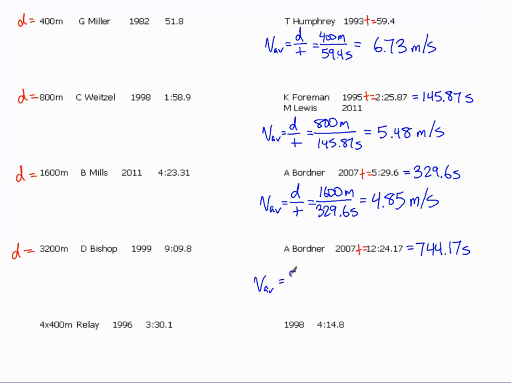Formula, average velocity is distance over time. Distance is 3,200 meters. Time of 744.17 seconds. What we find is 4.30 meters per second.